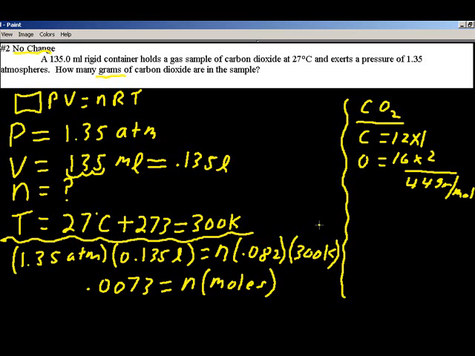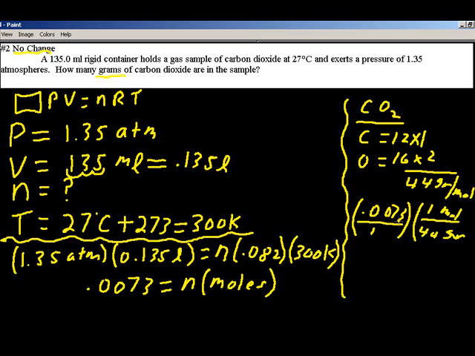So now what I do is I set up my dimensional analysis. I say 0.0073 over 1. And I have 44 grams is 1 mole.